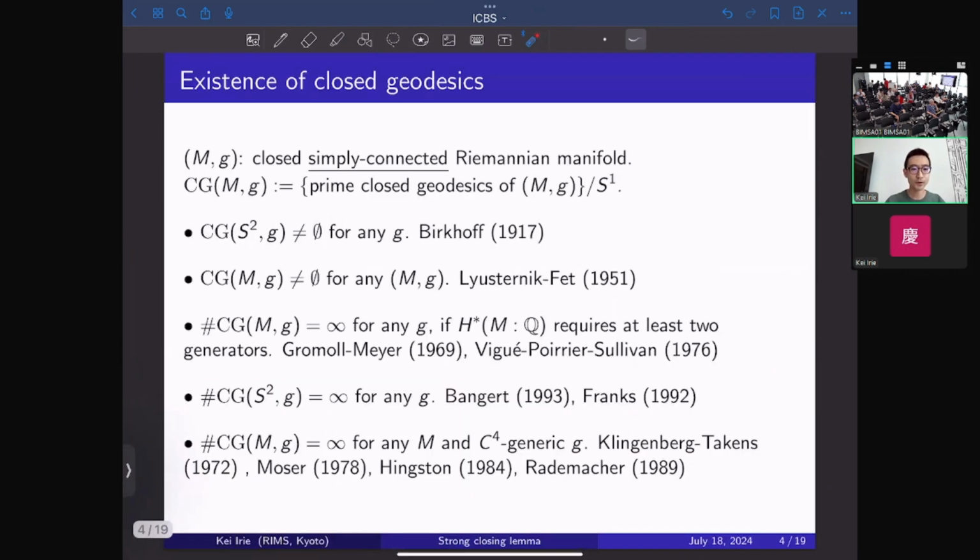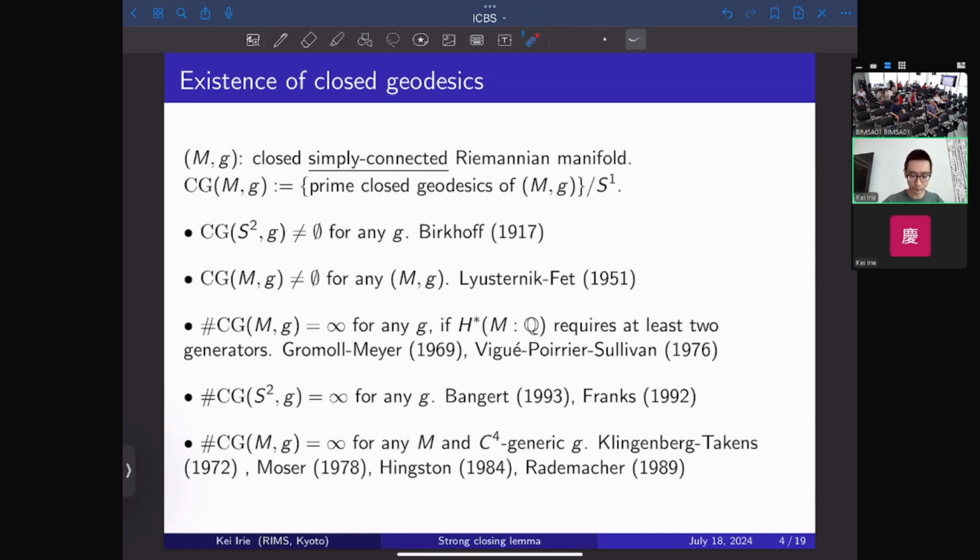So let's recall some important results on the existence of closed geodesics. On this slide, we only consider simply connected manifolds, and C(M,g) denotes the set of prime closed geodesics divided by the natural S^1 action. Here, a closed geodesic is called prime if it is not a multiple cover of another orbit.